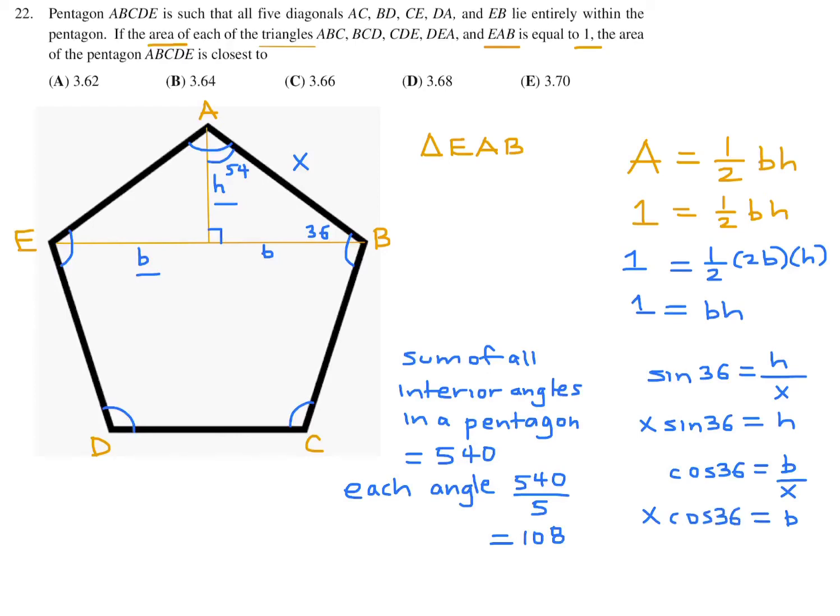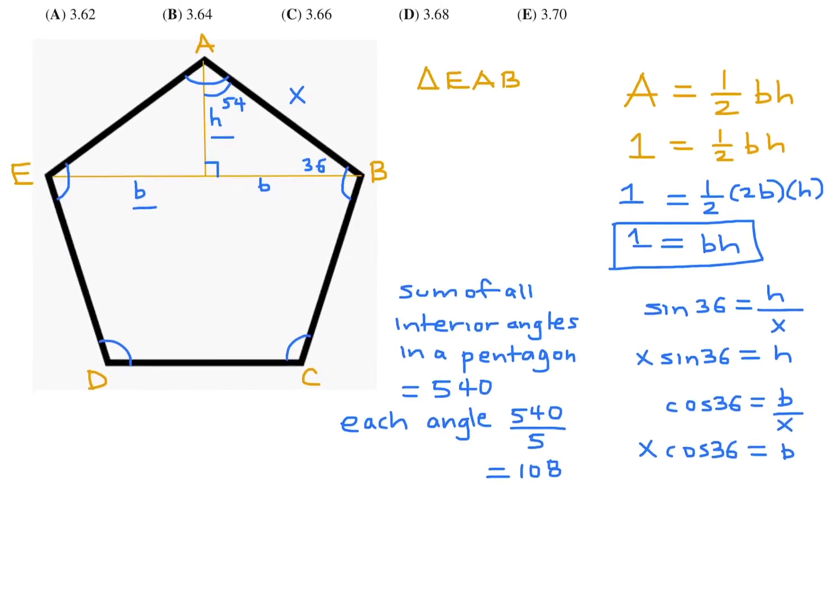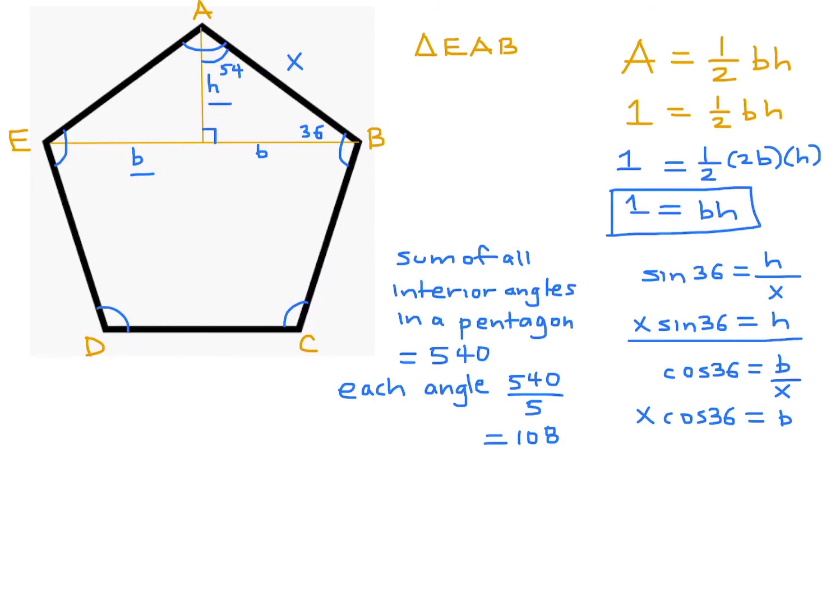All right? So now I go back to this formula right here, which I created earlier, and use my two trigonometry equations. So 1 is equal to BH. So that means that 1 is equal to B, which is x cos 36, times H, which is x sine 36.